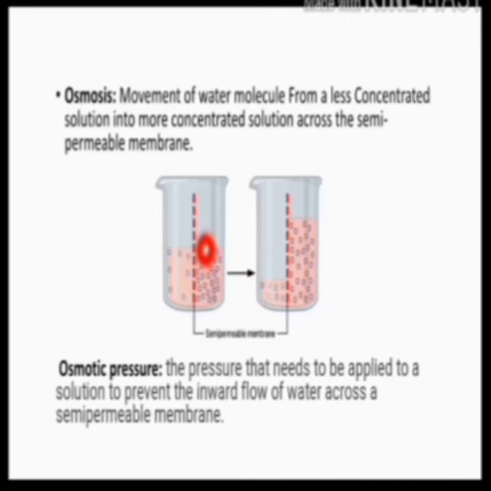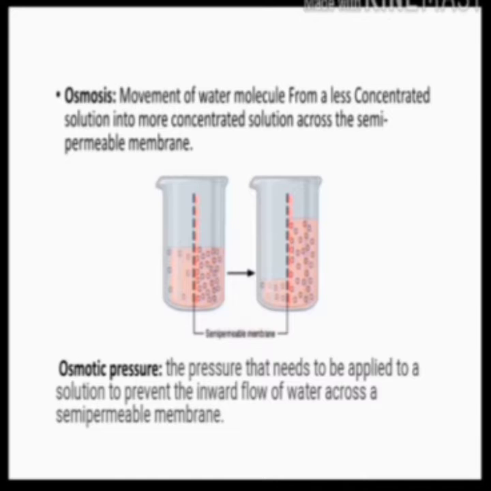After some time, we see the solute molecules move from higher concentration towards lower concentration and reach equilibrium. The distribution of solute and solvent is equal on both sides. Here the membrane is impermeable to the solute, and after some time the water from here moves to here.